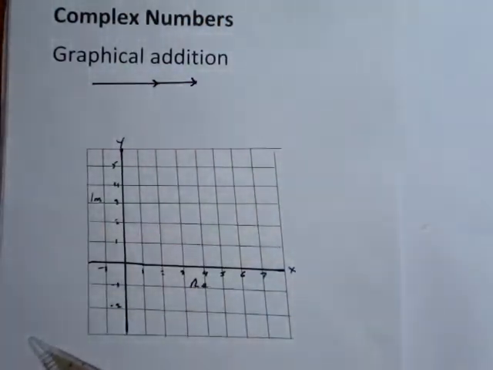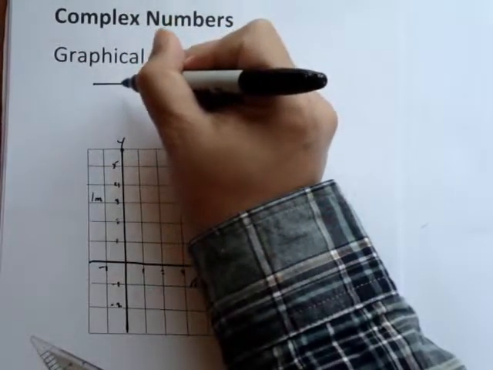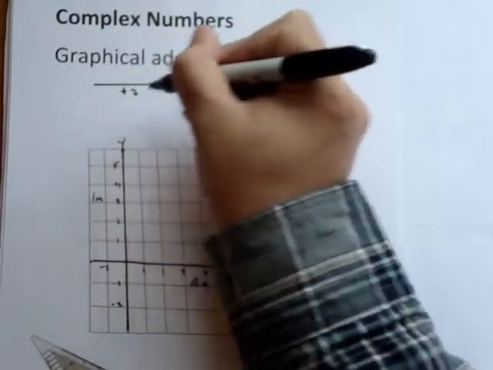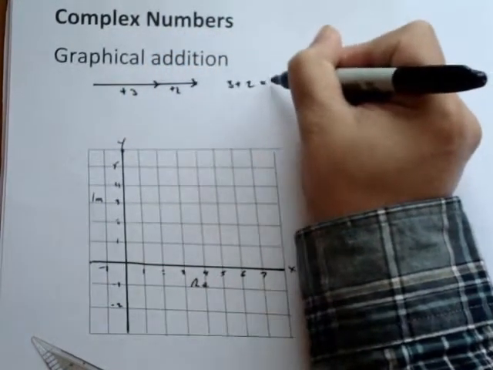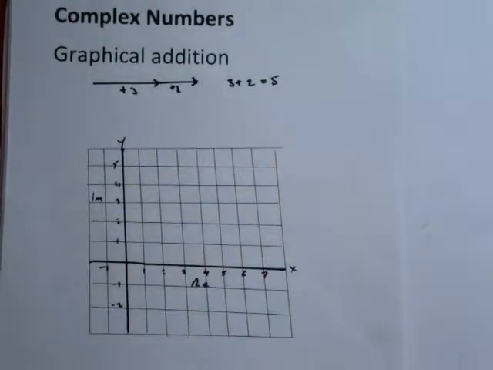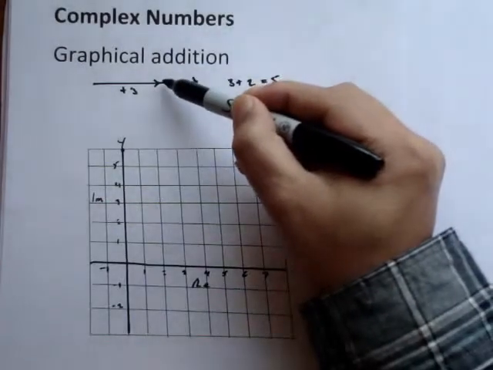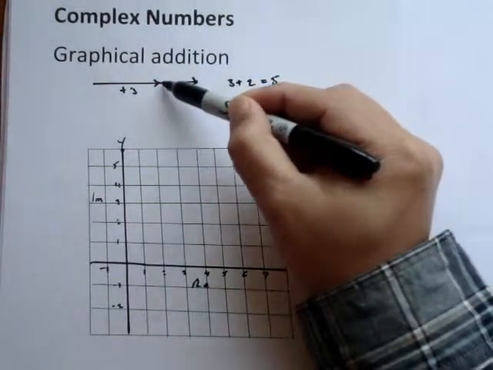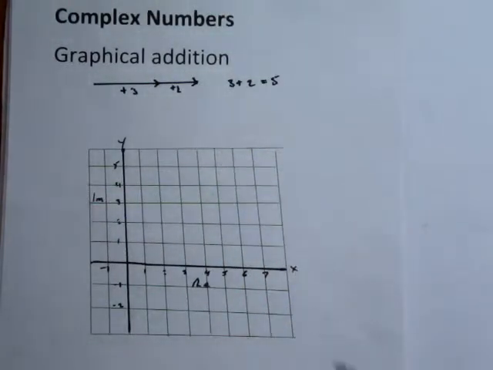So this would be 3 plus 2 equals 5. Similarly, when we're adding complex numbers, we need to draw the vectors where we line up the tail of the vector with the arrow and we form a chain.